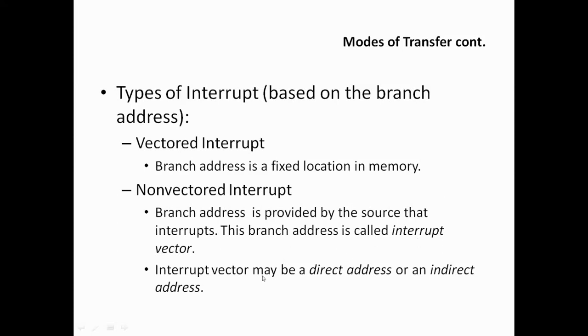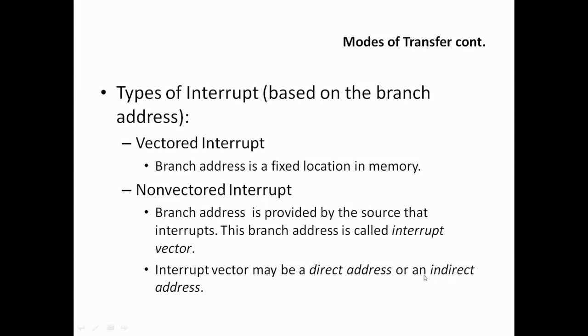Again, the interrupt vector may be direct or it may be indirect. So what is a direct interrupt vector? Direct interrupt vector means where the address of the service routine is given. If this vectored address is 1000, and you go to 1000 in main memory, you will find the service routine.